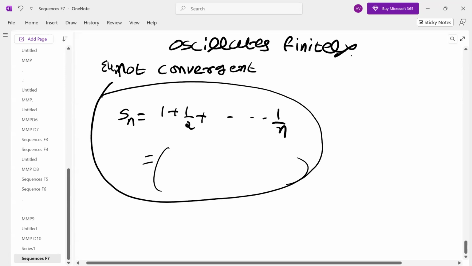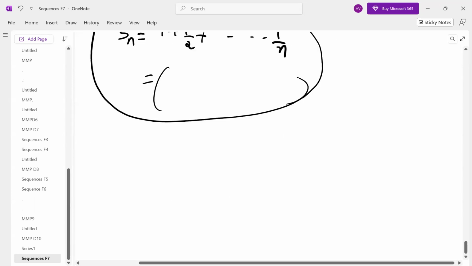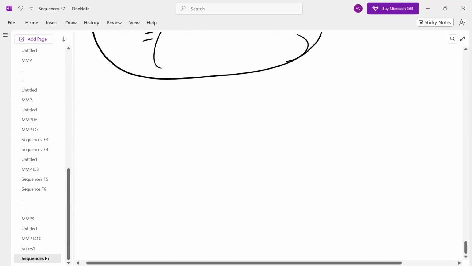Had it been 1 plus 2 plus 3 and so on, summation n, if you have a formula, only then can you do it. If you cannot consolidate it into a formula for the nth term, we cannot do this. So we go for the next method, and I will work it out using auxiliary series. So now we go for some other technique.